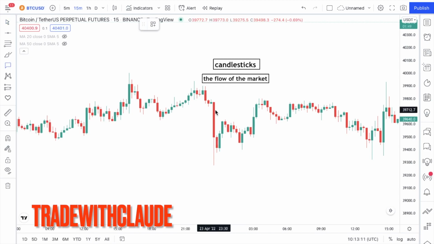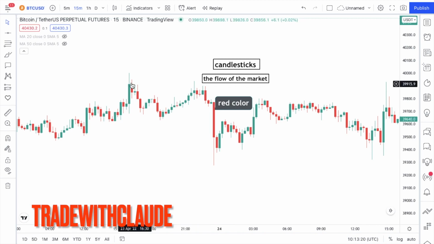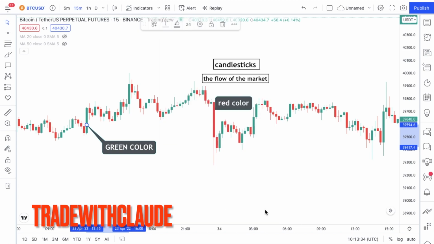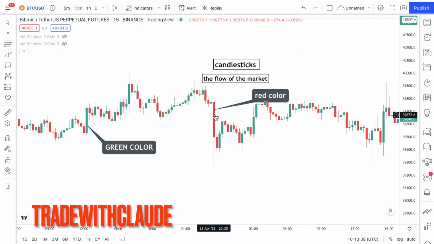I don't know if any of you have color blindness, but if you don't, you should see this as red. Looking at this, we could say this is a green. So you see, this candlestick is red and this is green, because these are the two I want to use to explain these things for you.